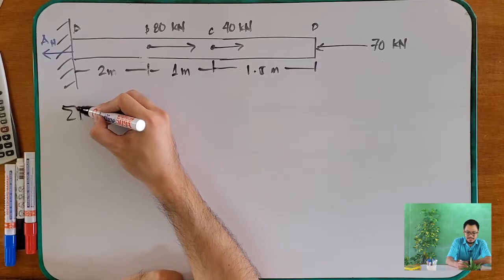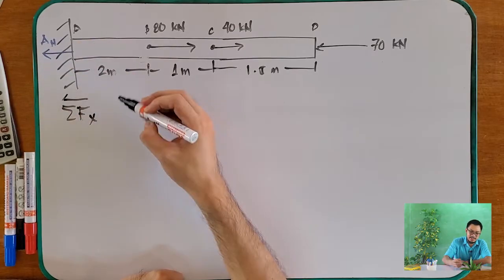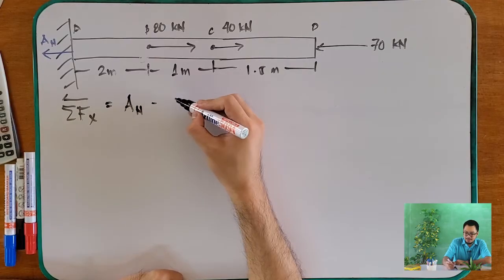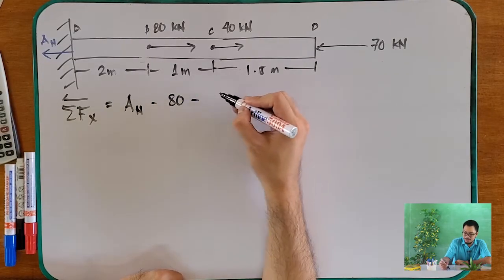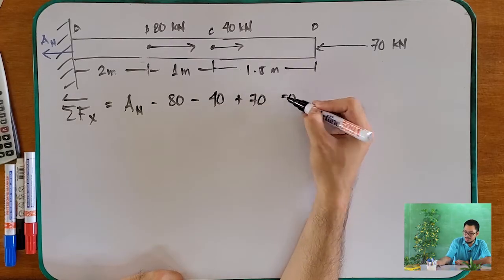AN. Now, the question is how to solve for your AN by using the summation of forces along X, assuming your direction of AN is going positive. So, AN minus 80 minus 40 plus 70 equals 0.